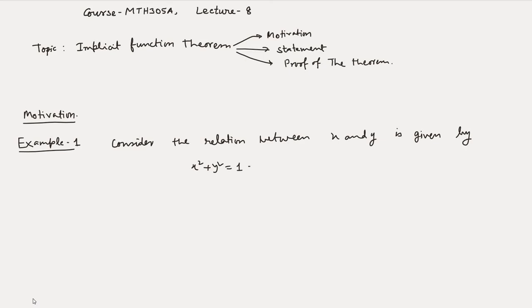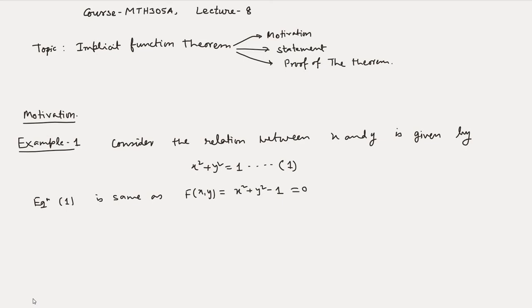We label this as equation 1. Then equation 1 is equivalent to f of x comma y equal to x square plus y square minus 1, and this is equal to 0.